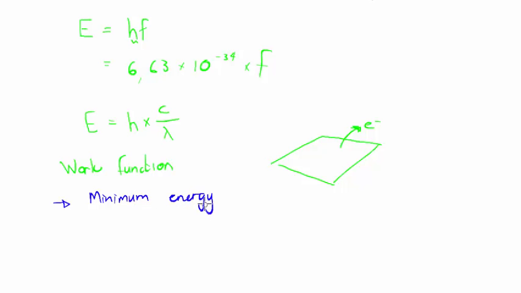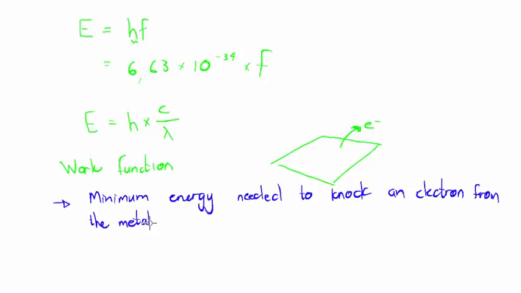Minimum energy needed, they say, to knock an electron from the atom. Let's call it the metal atom. In metals they have extra electrons.